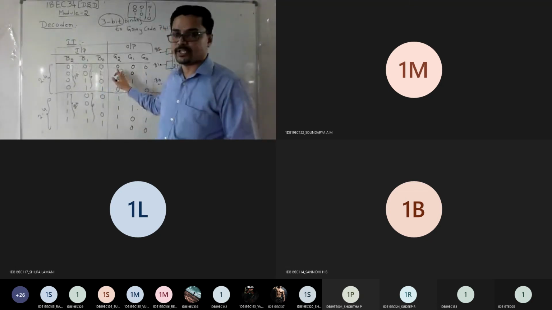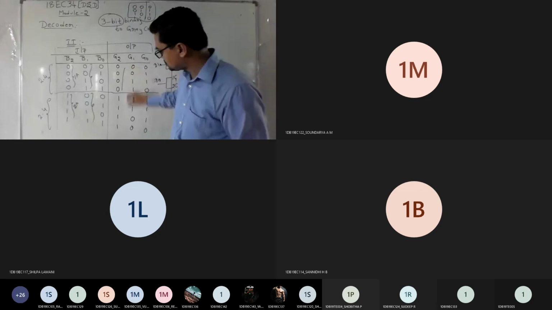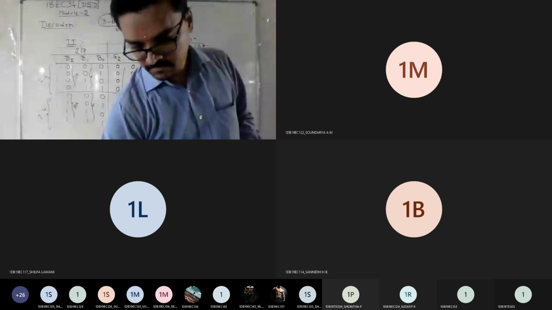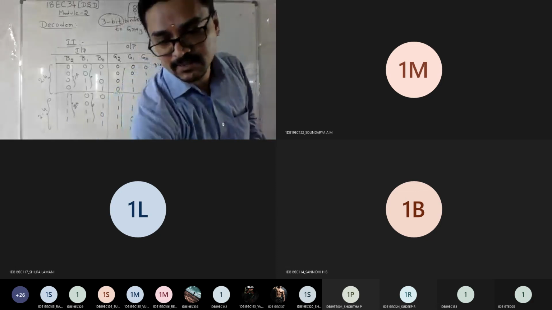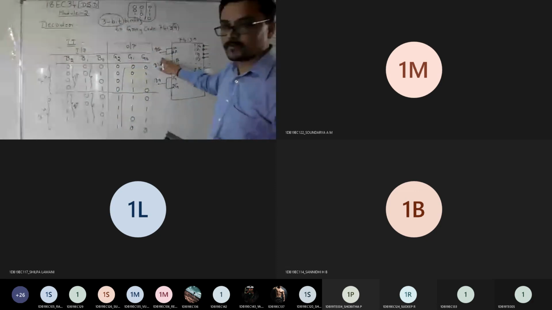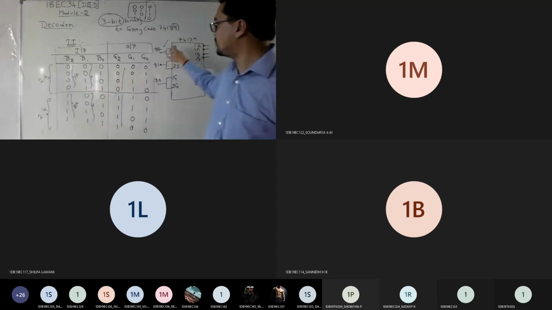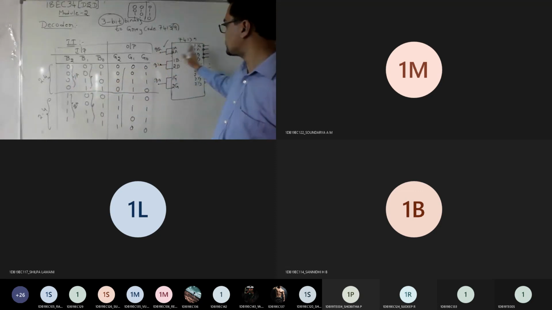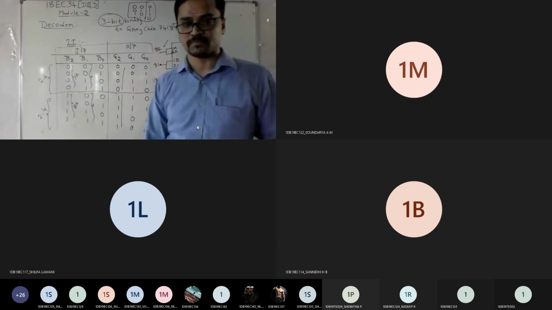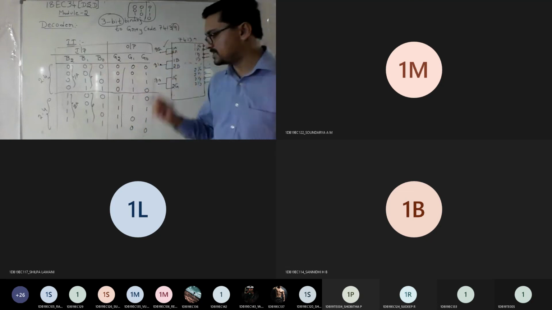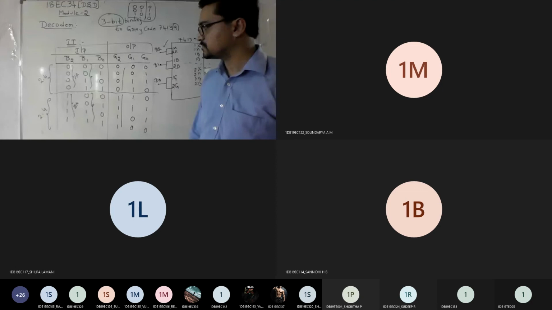Compare your B2 with G2. Is it the same? Yes, sir. So I can tell that the first connection we went through is correct. Since B2 and G2 are done, whatever you pass, the same thing will come as output. Agree? Similarly, compare B1 with G1. Is it the same?